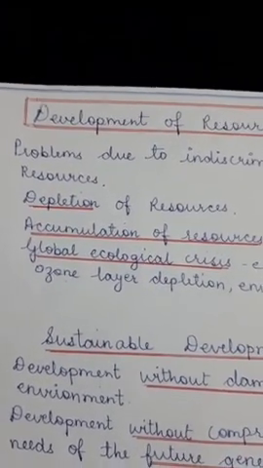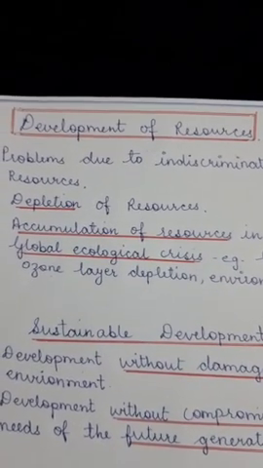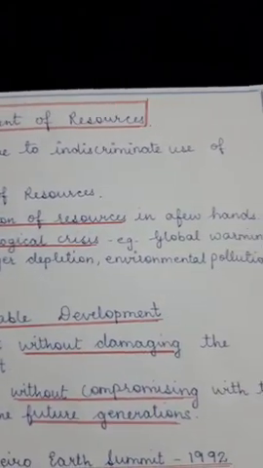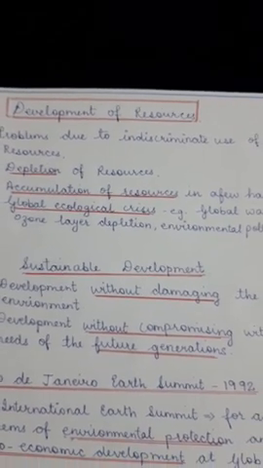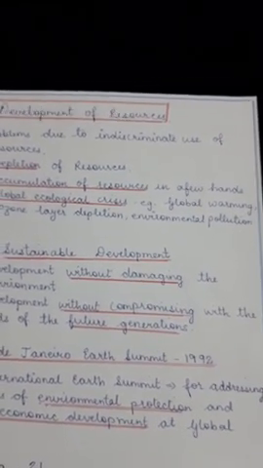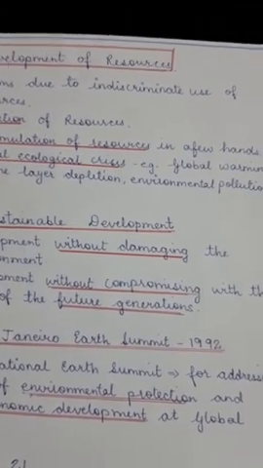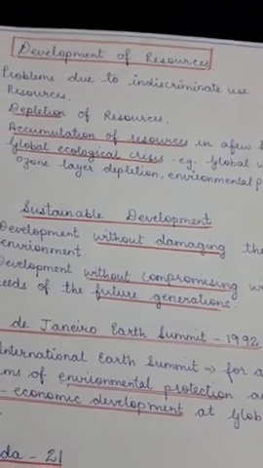The third problem, which is becoming a matter of concern, is global ecological crisis. For example, global warming, ozone layer depletion and environmental pollution. These are also problems which we are facing right now, all because of indiscriminate use of resources.